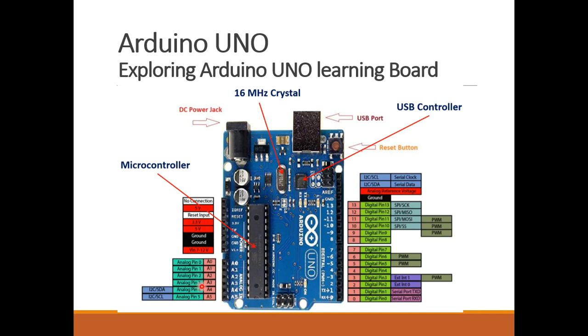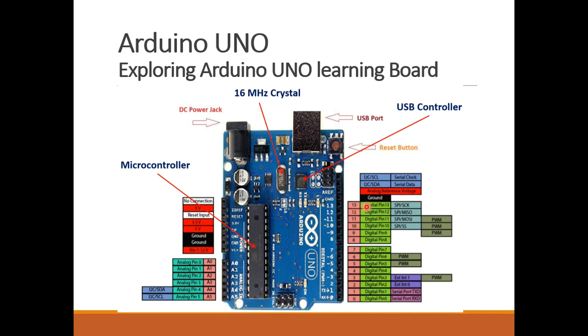These are the analog pins. If you want to use analog input or extract analog output, these pins are used. Here there are two grounds, and there is 5 volt, 3.3 volt, and 7 to 12 volts that you can give to this board. There are different voltage category pins. Based on the requirement, you can take the voltage.